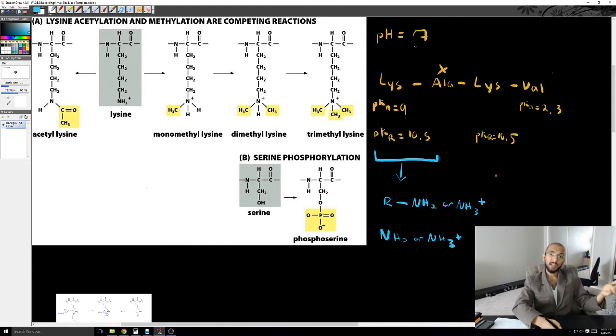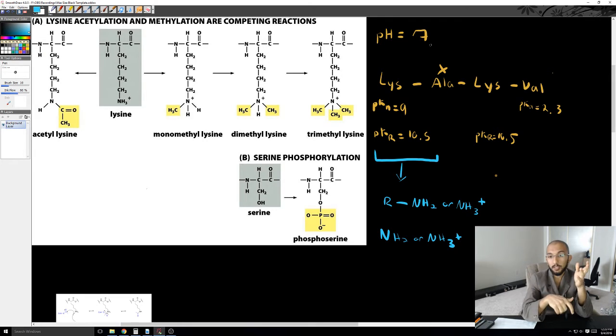At a pH of 7, on a scale of 0 to 14, the solution is that likely to retain hydrogen.